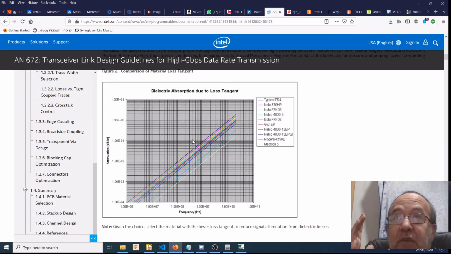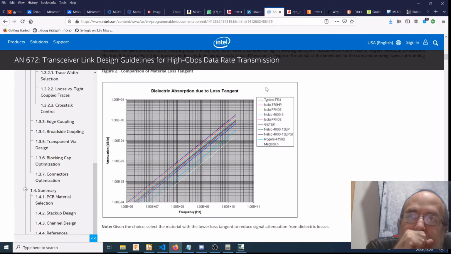Over here we're looking at the absorption, which would be the attenuation, showing it between different types of PCB materials.